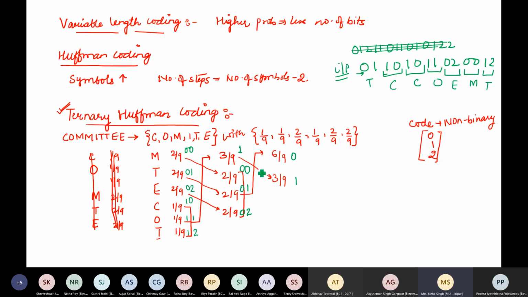The problem with Huffman coding is that suppose I have a case where the sum is 3 by 9 and there is an entry with the value 3 by 9. Now it is my choice whether I put this value on top or I should assume the other value on top.